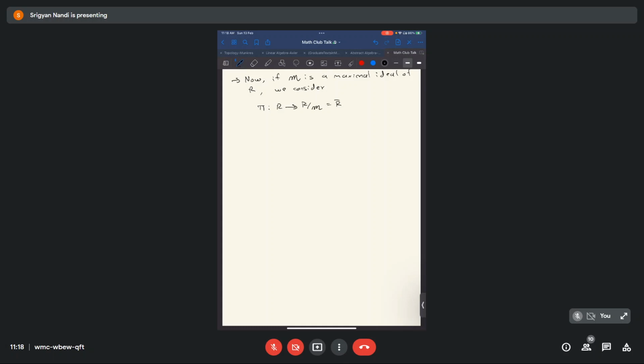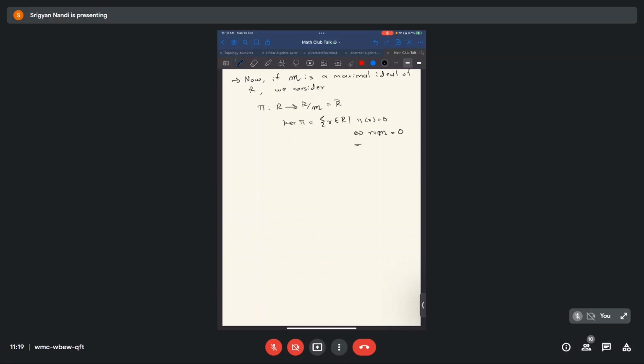We will represent this by R dash. So we have that the kernel of pi is equal to all elements r belonging in R such that pi of r equals 0, which basically implies r plus M, meaning the ideal shifted by r, is equal to 0.